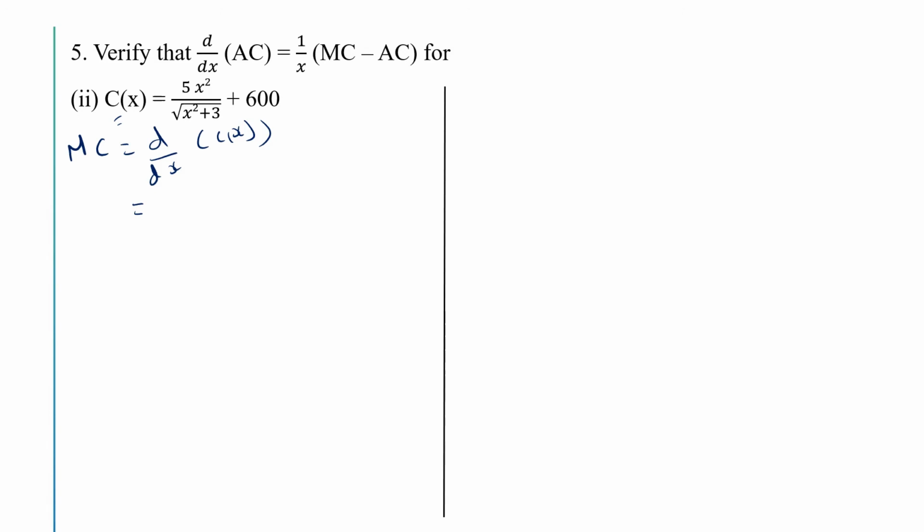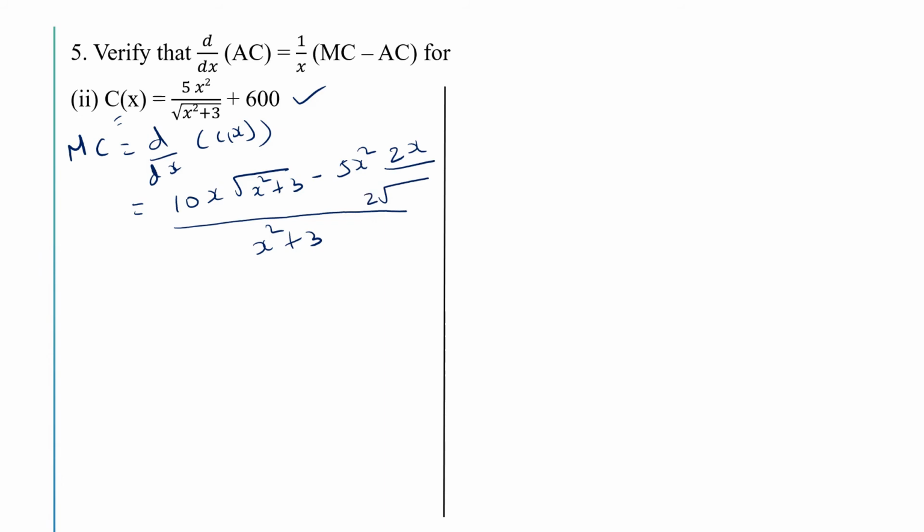you have to differentiate this. So first we have x square plus 3 square of the denominator, then differentiate the numerator and keep the denominator, minus, keep the numerator and differentiate the denominator. So we get 2x by 2 into root of x square plus 3. So these two will go. Let us simplify and take LCM.